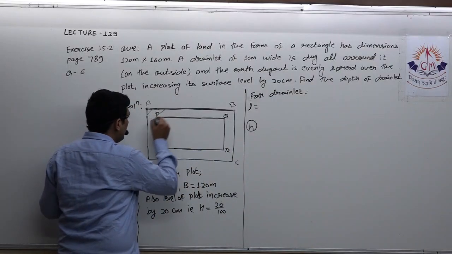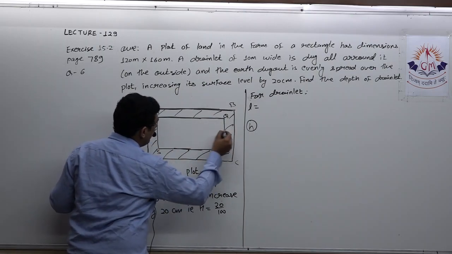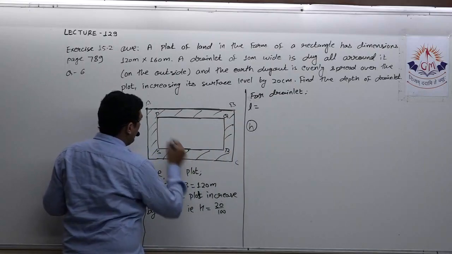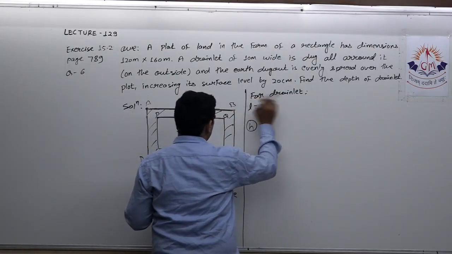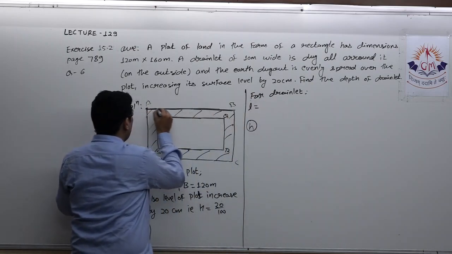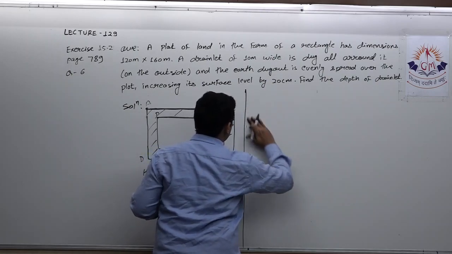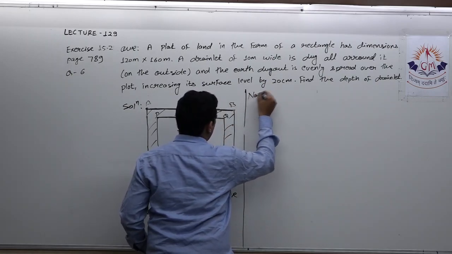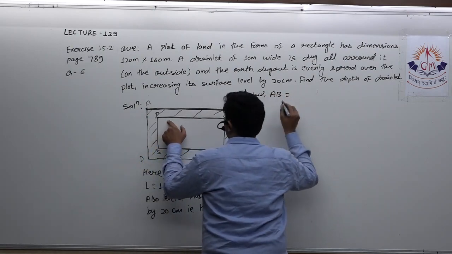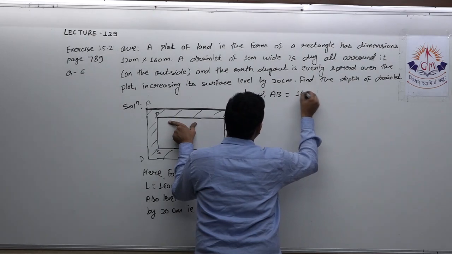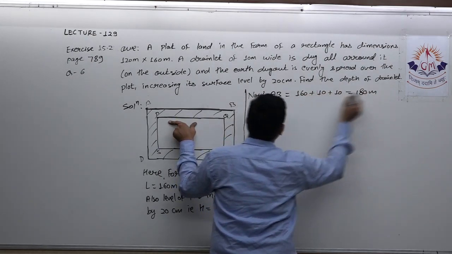The area of the drainlet, this shaded portion, can be measured as the area of ABCD minus the area of PQRS. So for the drainlet length, AB is equal to, see, this PQ is 160, so 160 plus 10 plus 10, that is 180 meters.